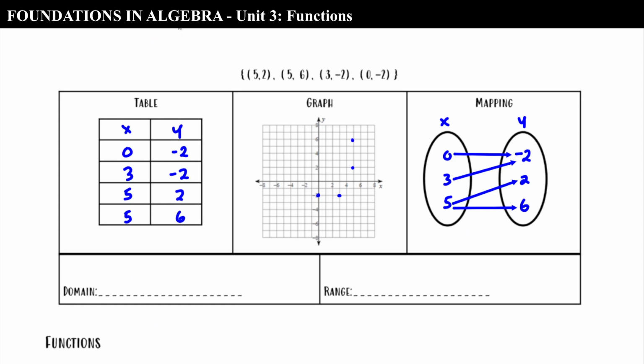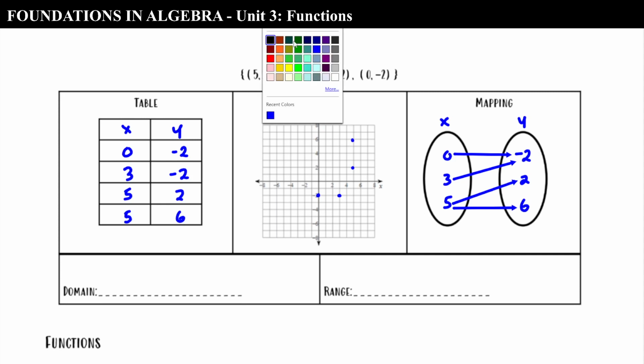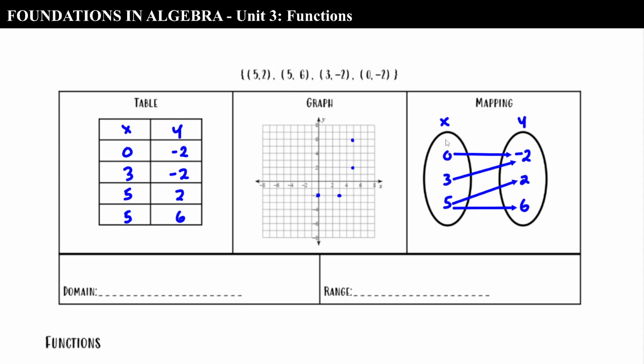And again, one of the easiest places to pick this up is by just looking at your mapping. So our domain is going to be 0, 3, and 5. And our range is going to be our y values, which would consist of -2, 2, and 6.